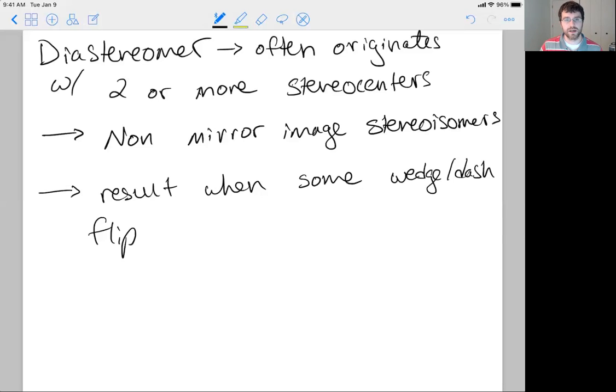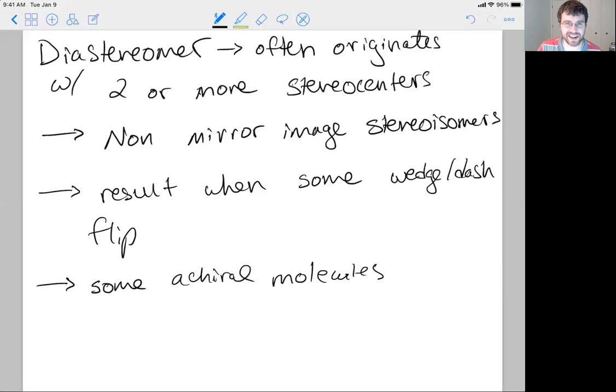Now what's weird about this is some achiral molecules can have diastereomers. It's weird. I don't like to study something like that. We'll look at those examples in the next module. But some achiral molecules can have diastereomers.